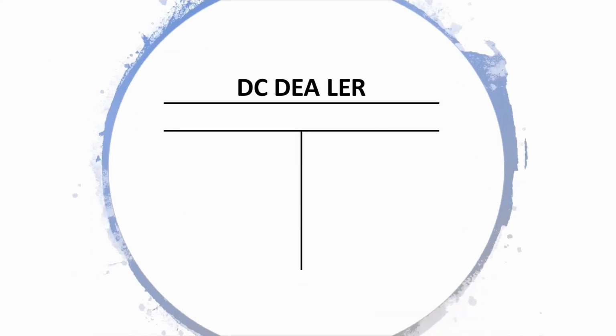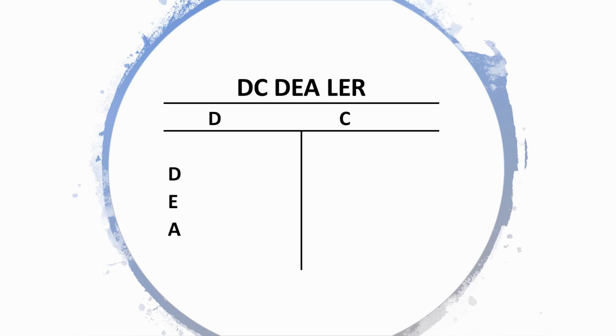The mnemonic DC Dealer showcases the relationship between the accounting equation and the double entry accounting system. So let's write this out together in a T account format. DC stands for debit and credit and represents the natural balance for the subsequent accounts in dealer.